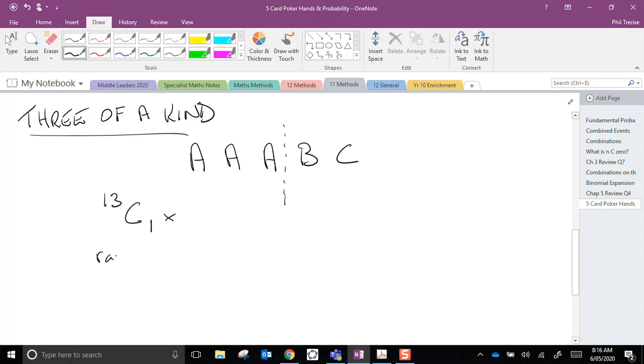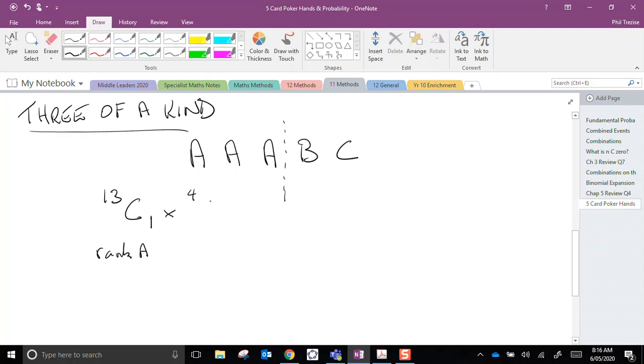Rank of A is what I'm talking about there. Now, once I've chosen a rank, there are 4 different suits available, and I need to choose 3 cards. That's the suit of A. Now I come across here to my next 2 cards, which don't match. There are 12 ranks available, and I have to choose 2 of them.